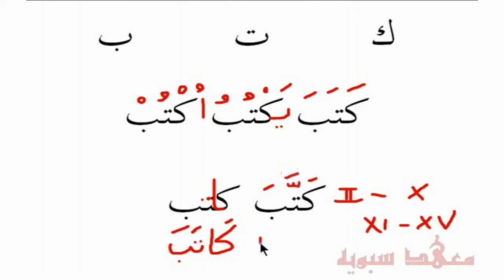This is a form 3 verb, and this means the verb of kataba is shared between 2 or more people. Kataba would be correspondence, meaning you're writing to somebody and somebody's writing back to you, and that's what form 3 means. So it's a shared act, correspondence. So as you can see, there's a whole range of meanings one can get just from these different forms, and that's with verbs. Now let's get to nouns.